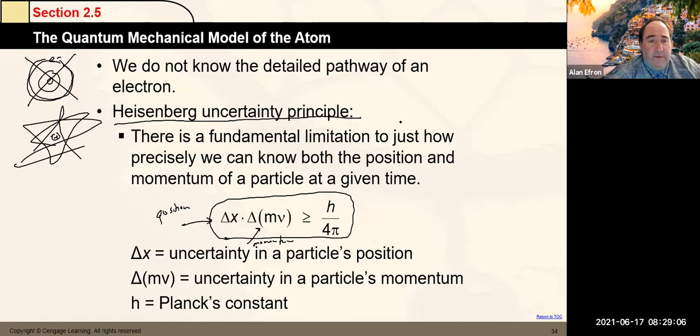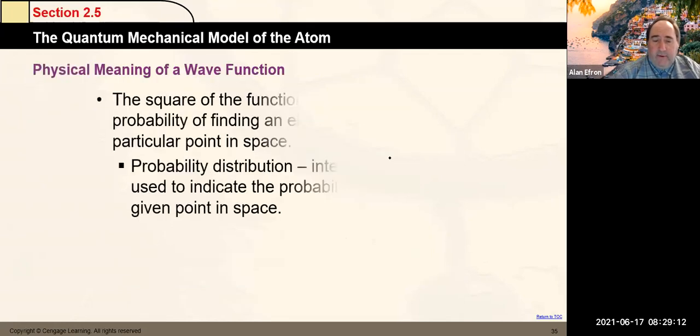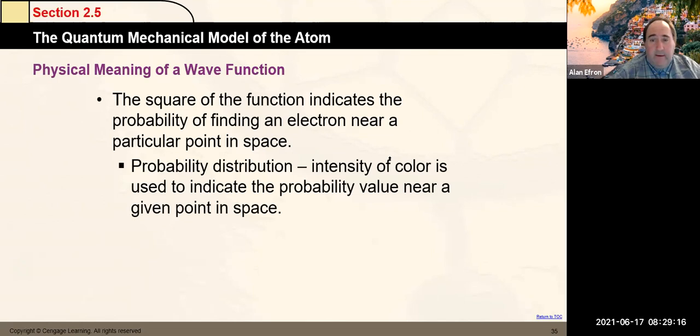Some more quantum mechanical ideas about electrons and how they're moving were developed by Schrodinger, and he did a lot of what are referred to as wave functions. We're not going to get into it in great detail here. If you ever take physical chemistry, you do get into it in great detail.